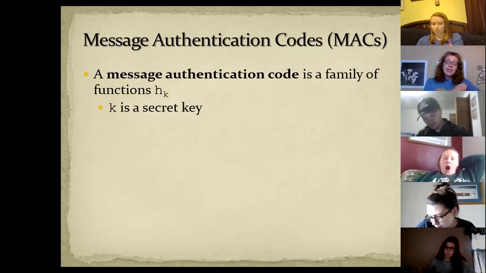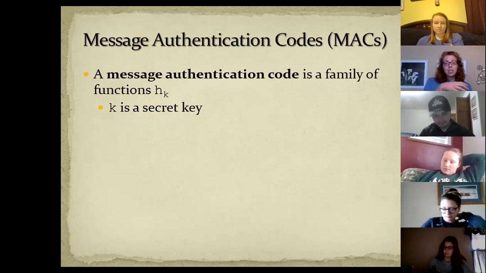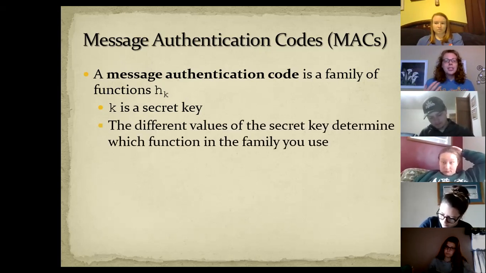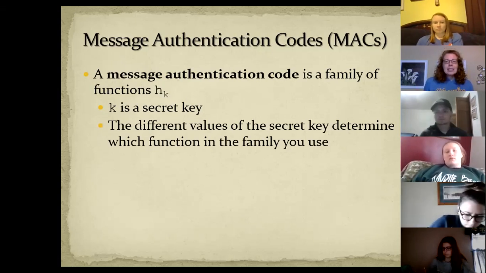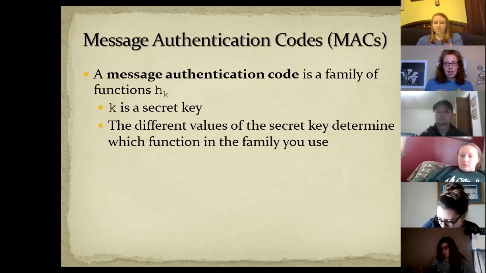K is going to be the secret piece of information that we are also including when we are computing hash values. That gives us the security of encryption that we didn't have before. And so the different values of the secret key basically determine which function you are using.